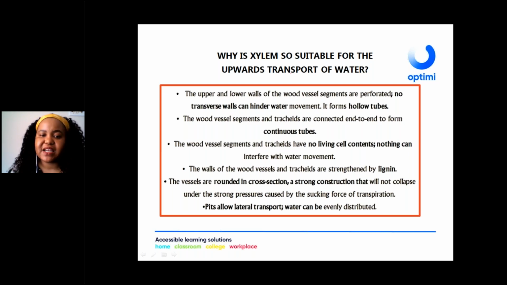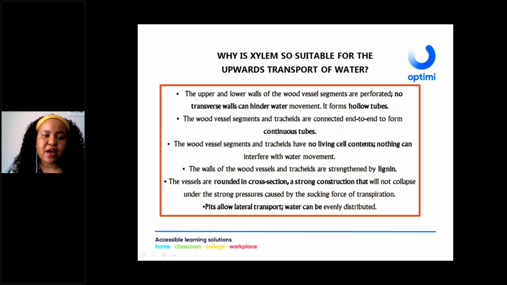If you haven't done the transport system, I will be sending notes on the transport system. So there you will see, I'll include structural representations of what I'm talking about on the notes.